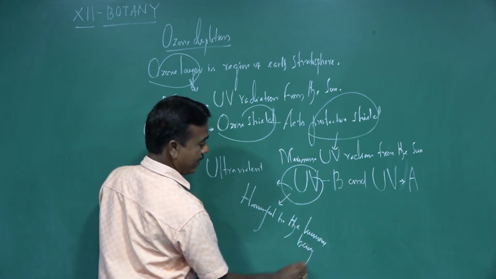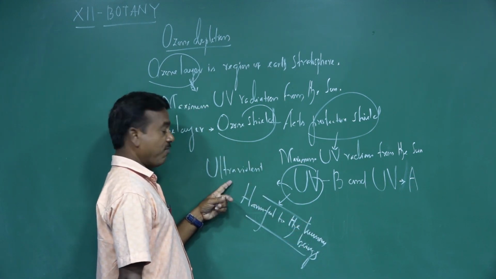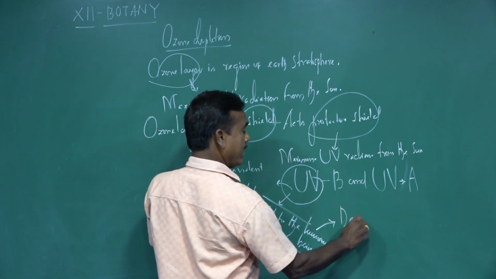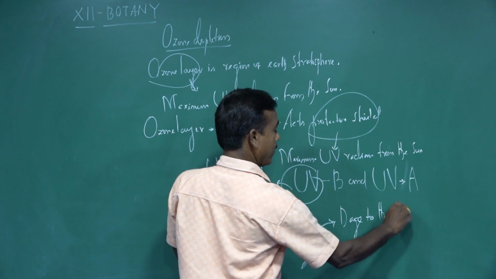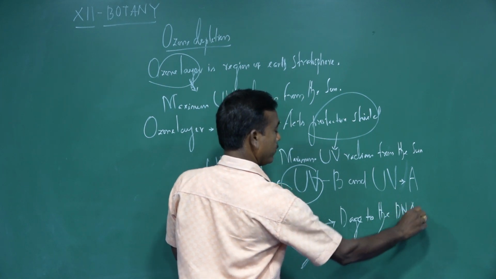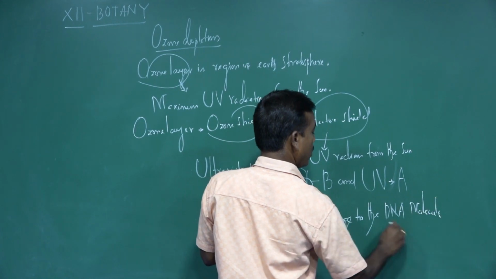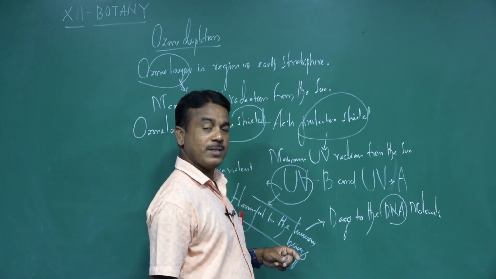Why is it harmful to human beings? Due to the entry of UV radiation, it damages the DNA molecules. So what is DNA? Deoxyribonucleic acid.